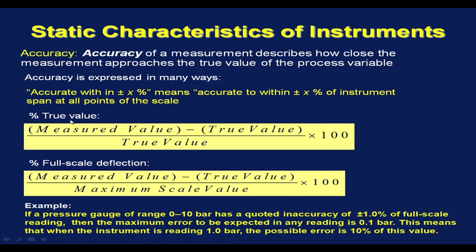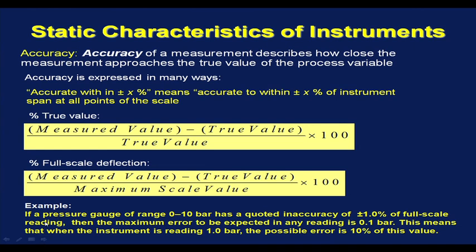Accuracy can also be expressed as percentage true value, defined as measured value minus true value divided by true value multiplied by 100. Accuracy can also be expressed as percent full scale deflection, described as measured value minus true value divided by maximum scale value multiplied by 100.